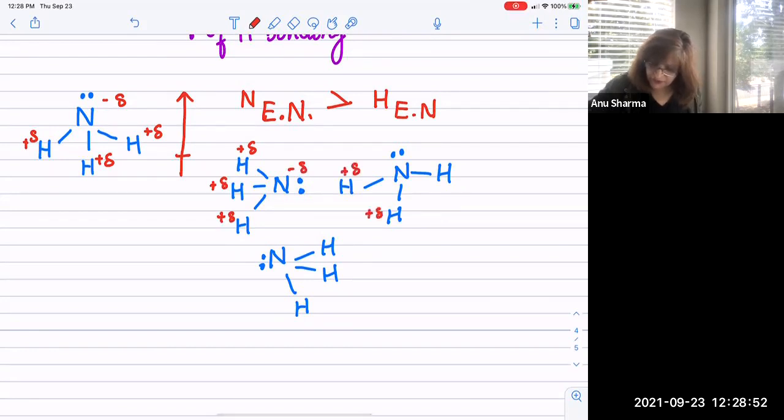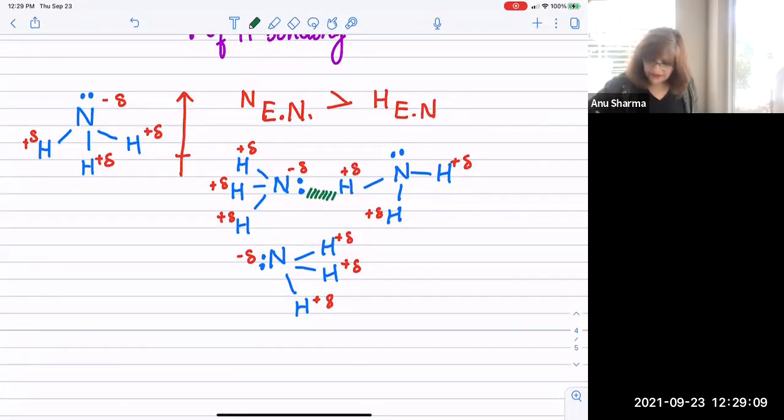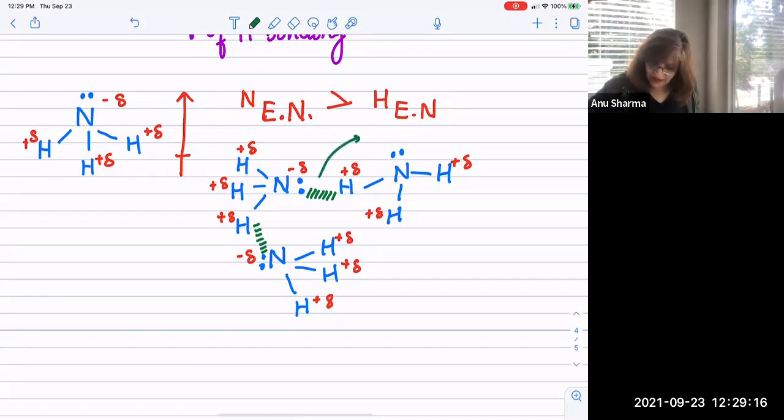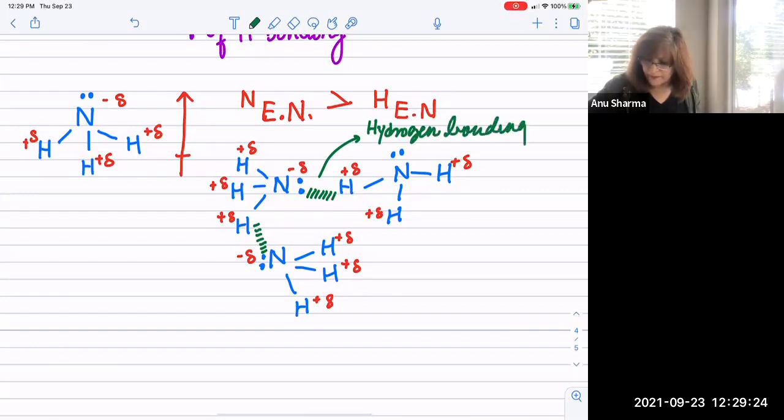What happens here is the hydrogen bonding that exists between this nitrogen and the neighboring hydrogen, and this nitrogen and the neighboring hydrogen. This is the hydrogen bonding that occurs in this molecule.